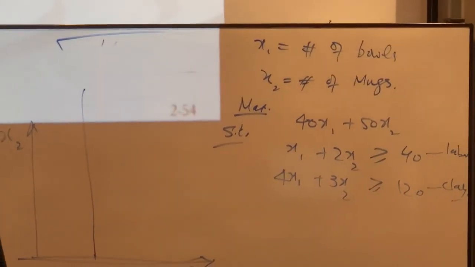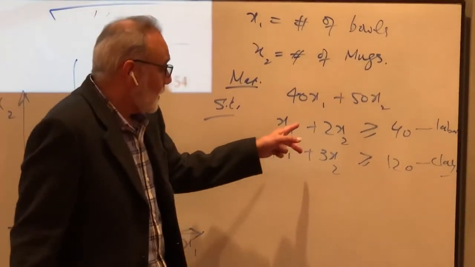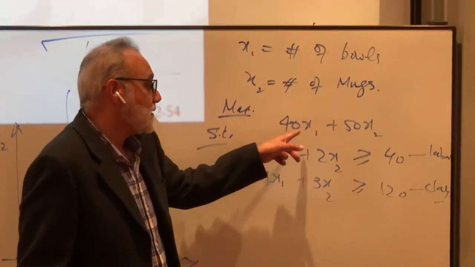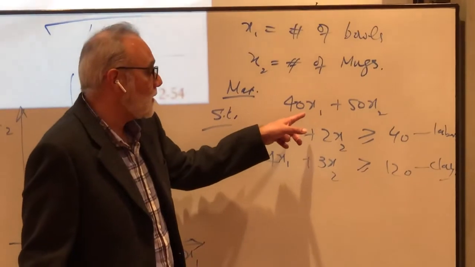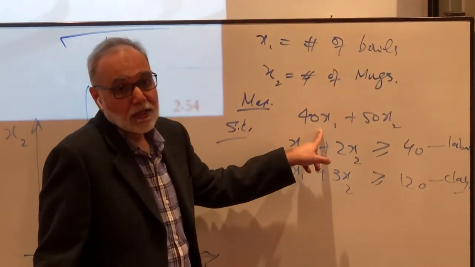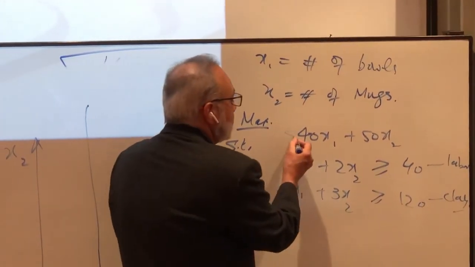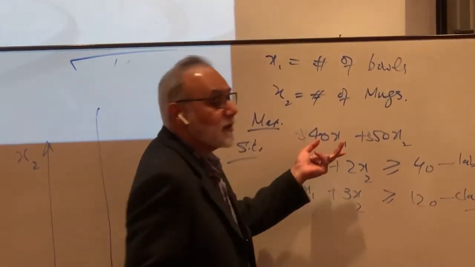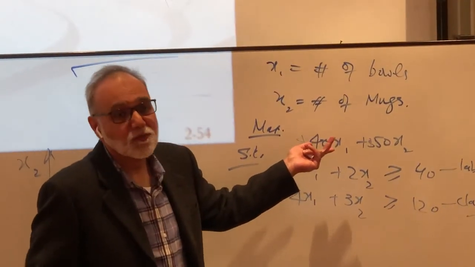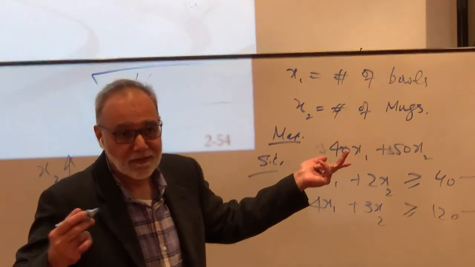The proportionality says that if you make one bowl, you will have a profit of $40. If you make 10 bowls, you just multiply by 10. So this is proportionality.